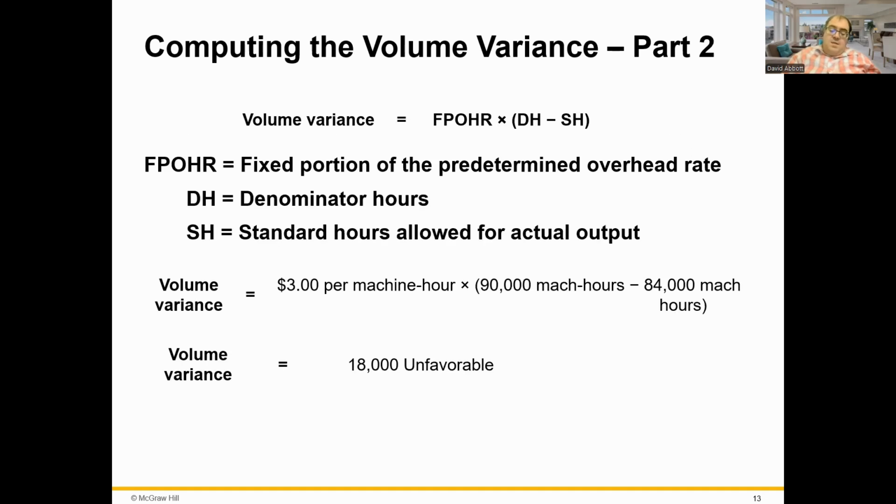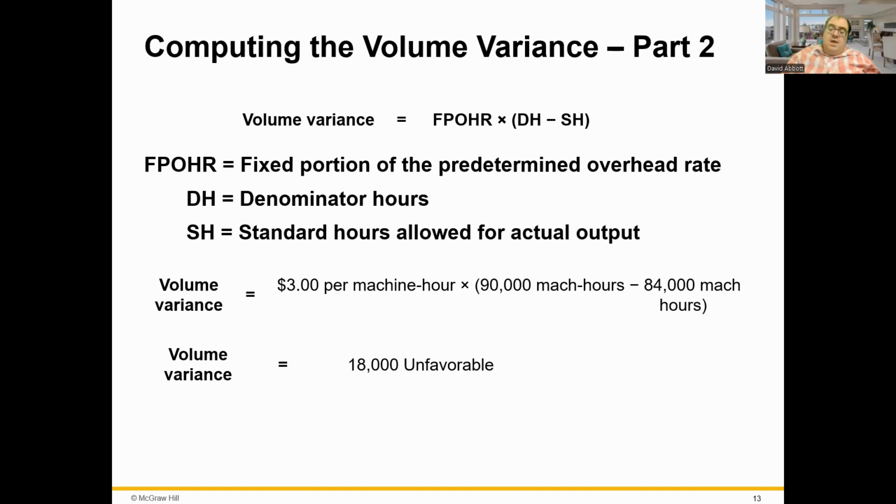And so with that, the volume variance of 18,000 unfavorable can also be computed using the equation that we see here. So it could be $3 per machine hour times 90,000 machine hours minus 84,000 machine hours.